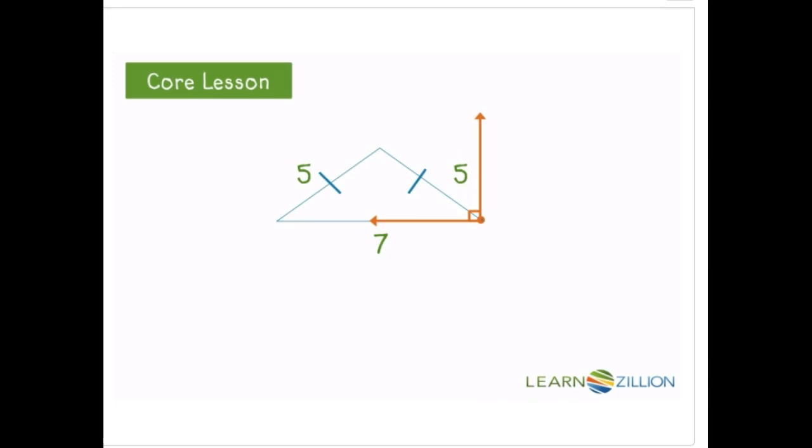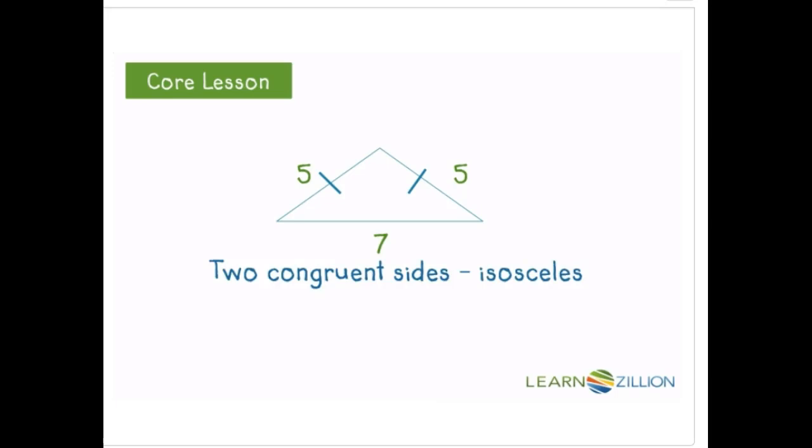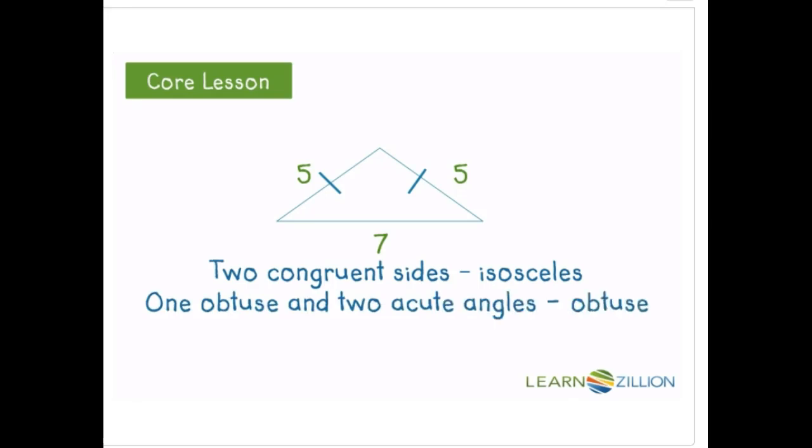So we can classify this triangle as, two congruent sides means it's isosceles. And because we had one obtuse and two acute angles, it was an obtuse triangle. So that means that this is an obtuse isosceles triangle.